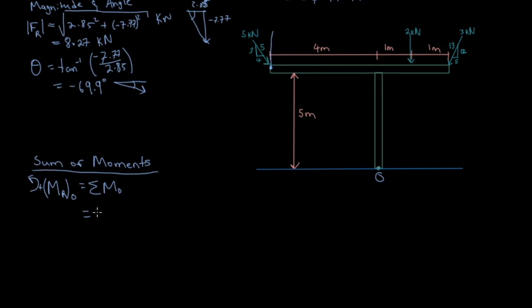So we're going to go 5 kilonewtons times 3 over 5 times 4 meters. And as you can see, this is going to be positive because it will have a counterclockwise rotating tendency.